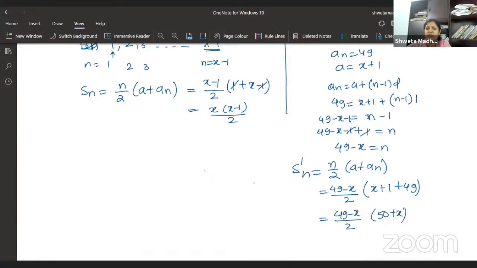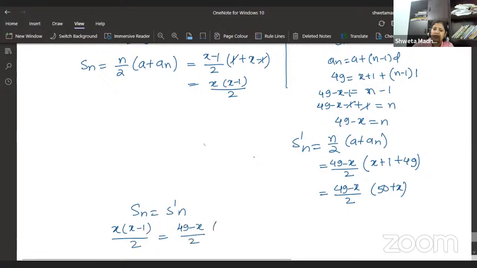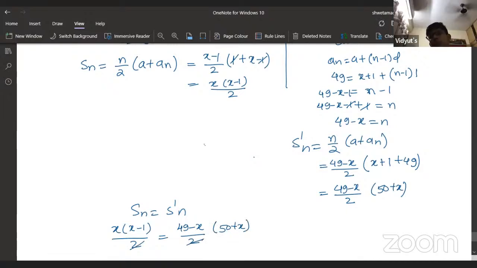Now both the APs are equal, the sums of both sides are equal. Sn is equal to S dash n. Sn is x into x minus 1 by 2. Here it is 49 minus x by 2 into 50 plus x. This 2 and this 2 cancel.